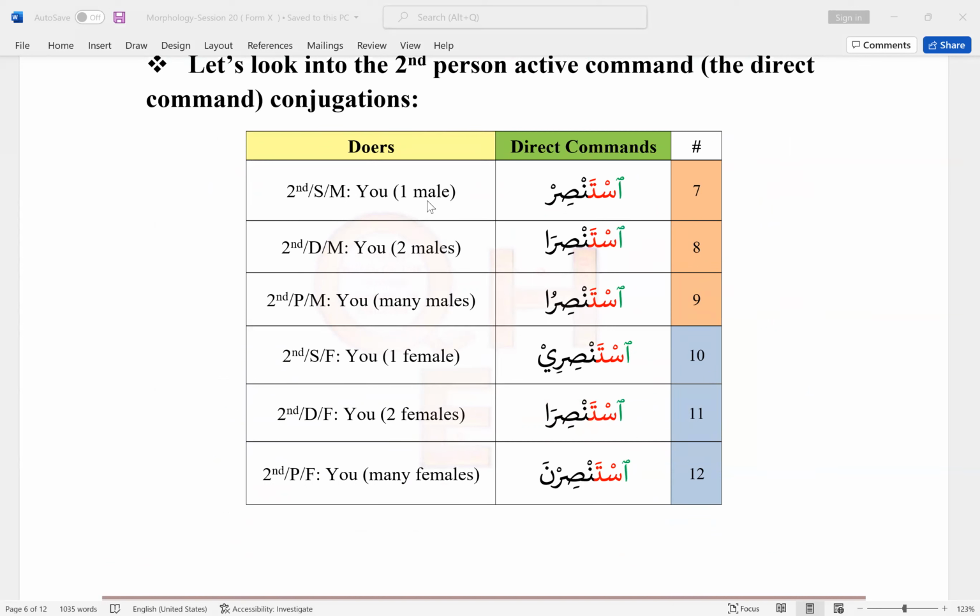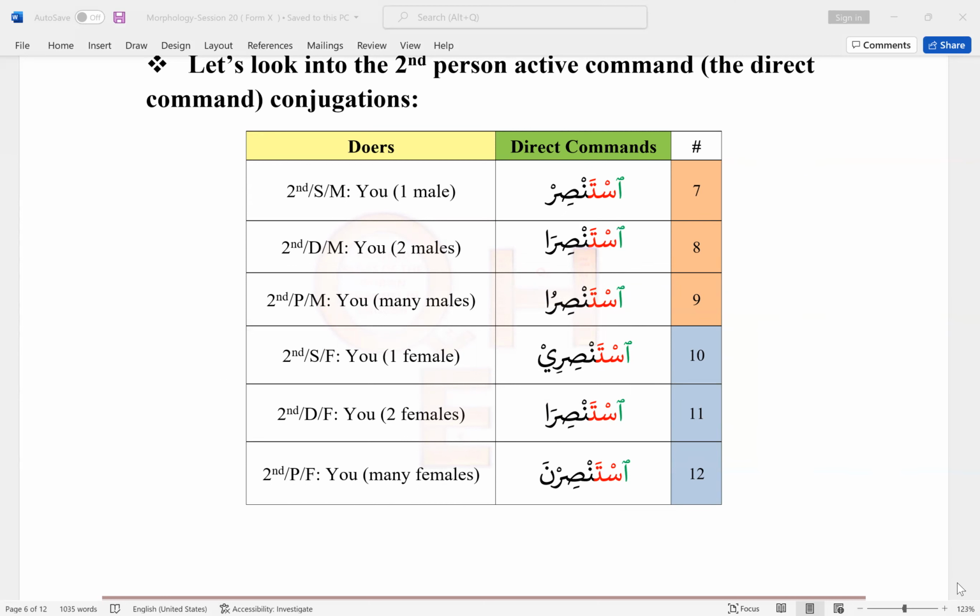The you can be 1 male, 2 males, many males, 1 female, 2 females, many females. Istansir, istansira, istansiru, istansiri, istansira, istansirna. These are the 6 direct command conjugations.